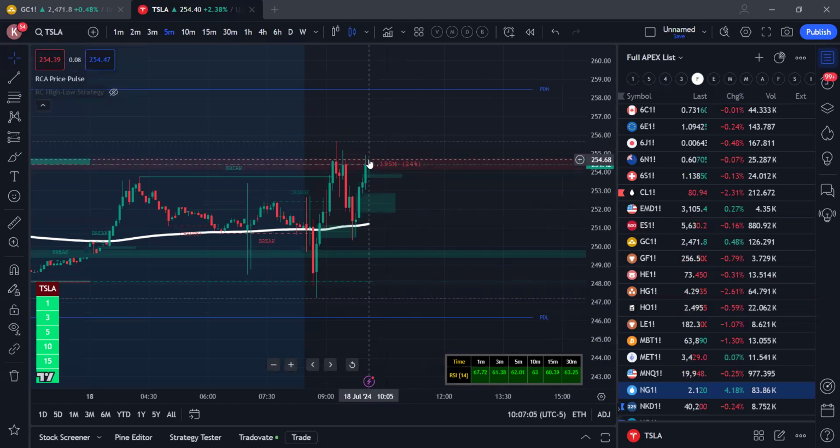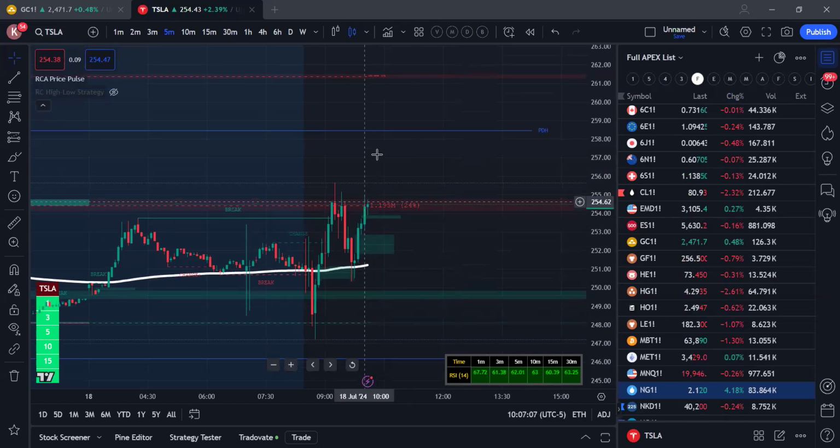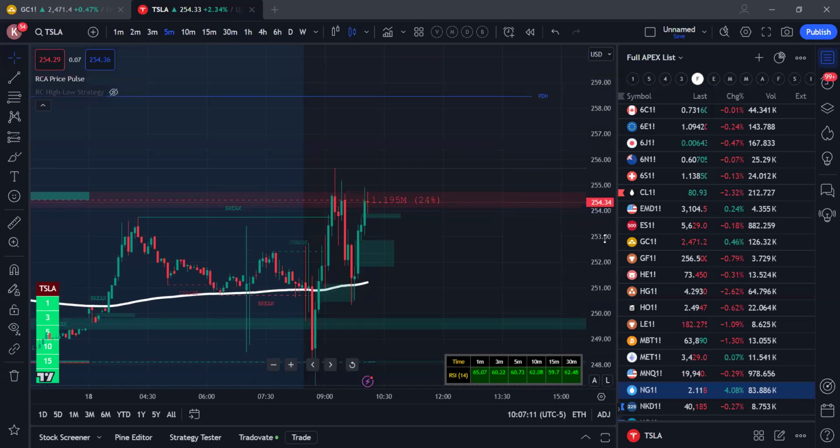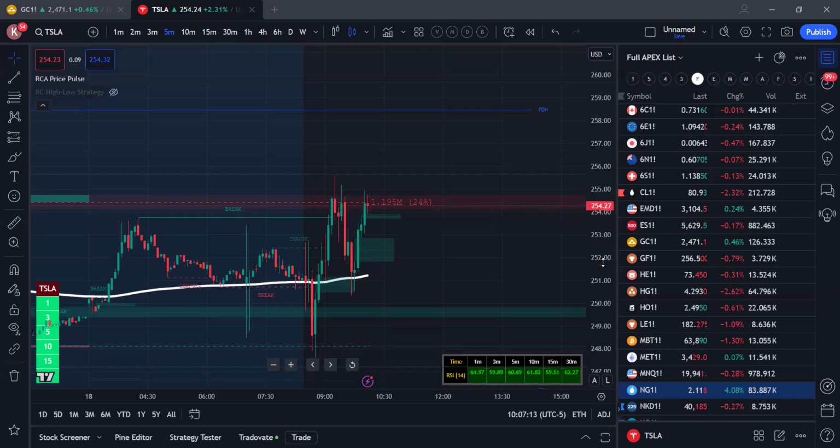If it can break this level, 254 level, then it can go all the way till the 258 previous day high. For example, here instead of a sell order block, you see a buy order block. Right? Then you can, even though it is not at the bottom, if there are a lot of fair value gaps here, right?